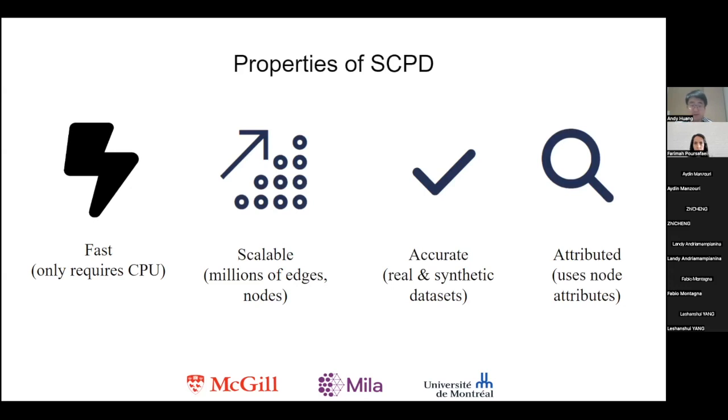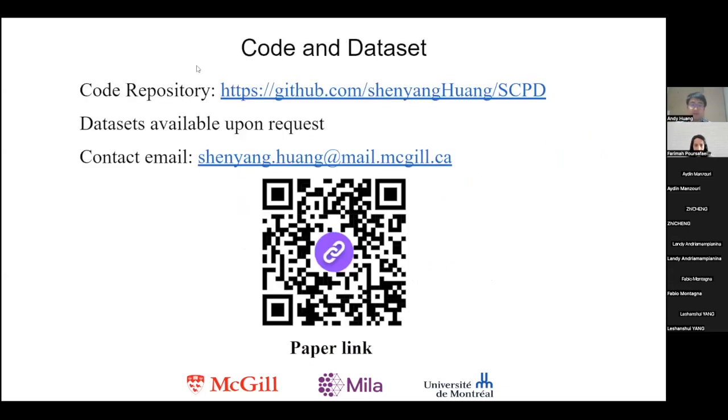It can very easily scale to millions of edges and nodes. And we show that it has good performance on real-world data sets and synthetic data sets. And you can also use the node attributes to get more insight from the temporal graph. And the code and data set is available here.